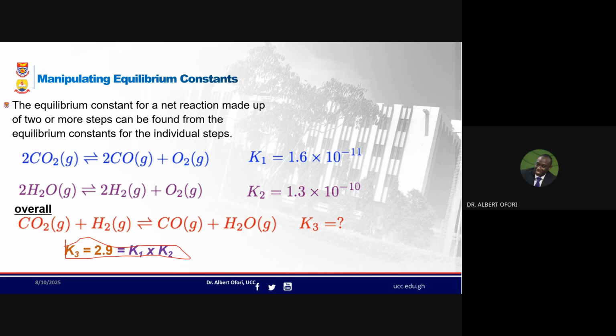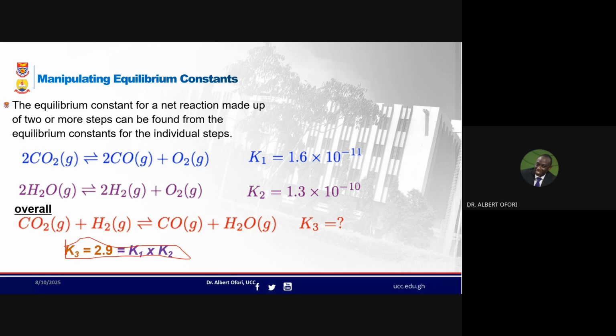Okay, so three things before I move on. When I reverse an equation, the new K becomes one over the old K of the equation I reversed. When I multiply an equation by a factor, the new K becomes the old K raised to the power of that factor.